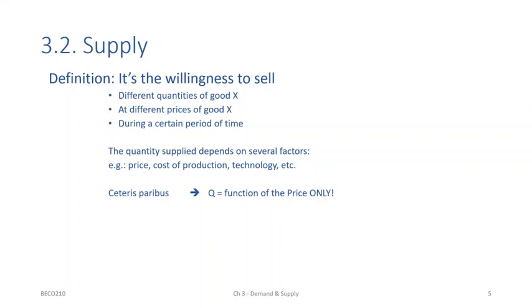But using the ceteris paribus concept, the supply function is also represented using only two variables, which are the quantity supplied and the price. For example, quantity supplied equals 0.1P.